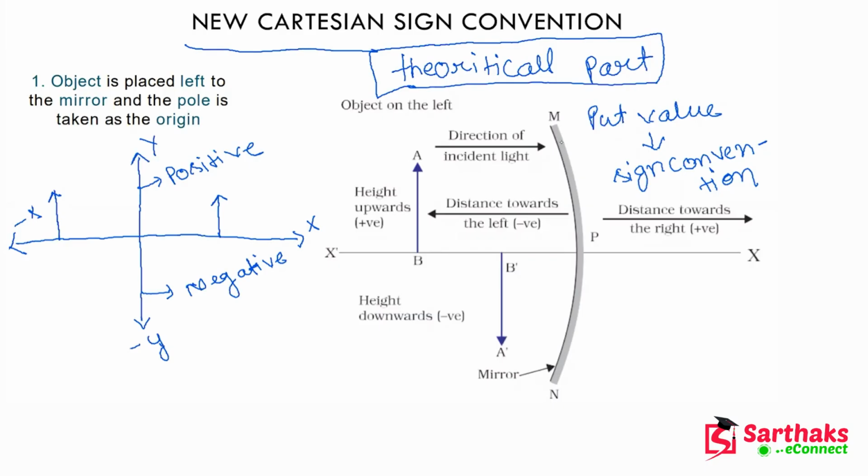For an example, this is the mirror. Let's suppose this is our origin, and the distances from the right side are taken to be positive.